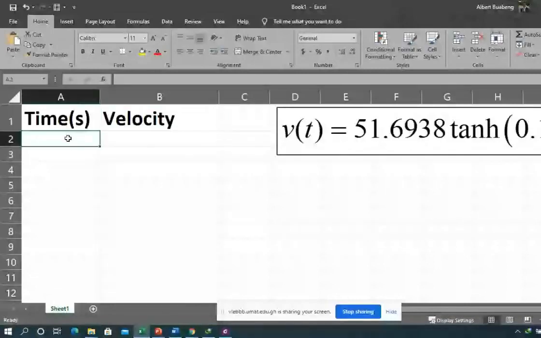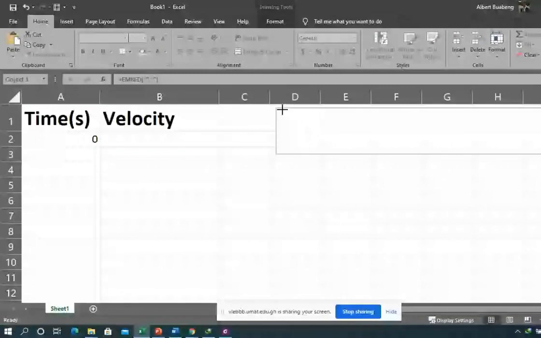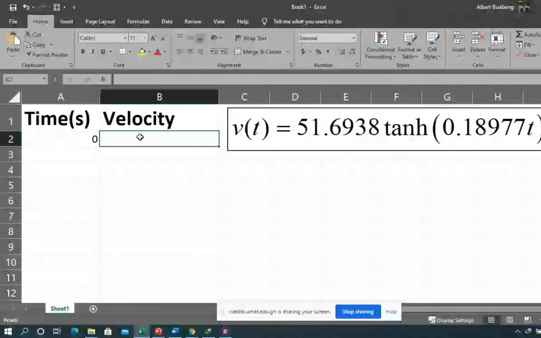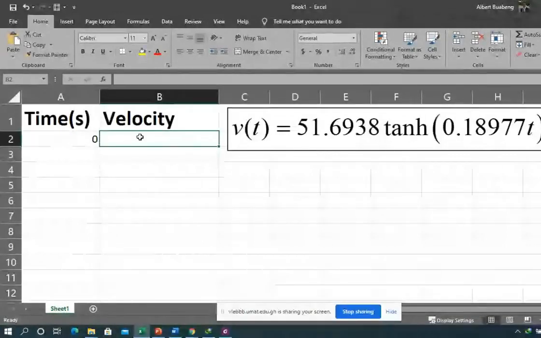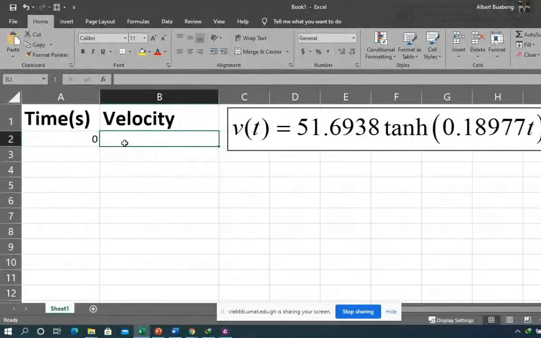Now, at time 0, we need to estimate our velocity for that. So that is our expression. For us to get our velocity, you can think of coming up with a formula, typing this formula into Excel, so that we are just going to generate the solution.